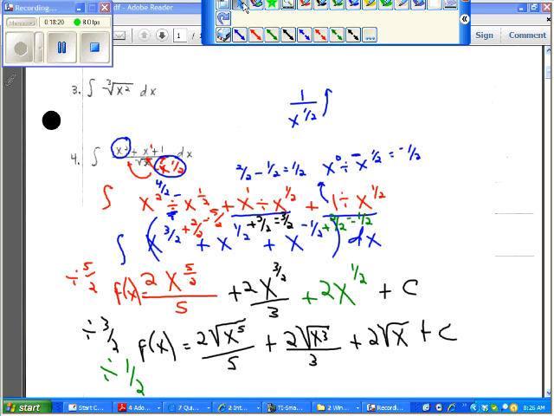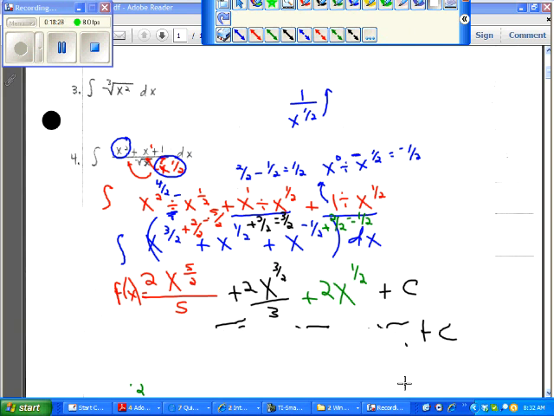Now I'm going to wipe out the bottom line because we want to verify, and we'll verify from the exponential form, not the radical form. So we're going to go back and verify that with differentiation.